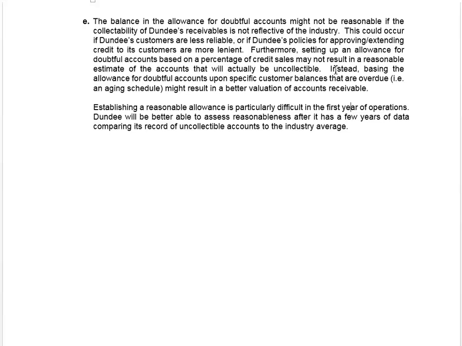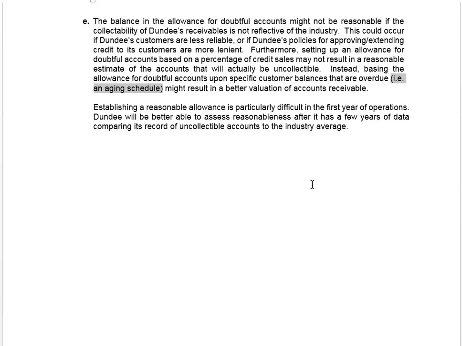Now it says here, instead, basing the allowance account balance on specific customer balances that are overdue, or using an aging schedule, which is another method we talked about, using the balance sheet or the aging approach. An aging analysis might be a better valuation of accounts receivable.